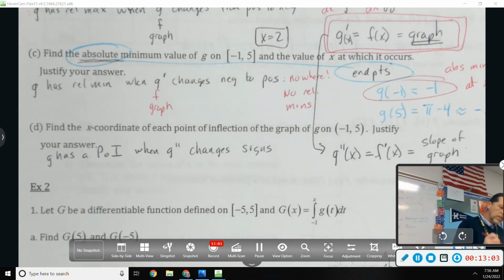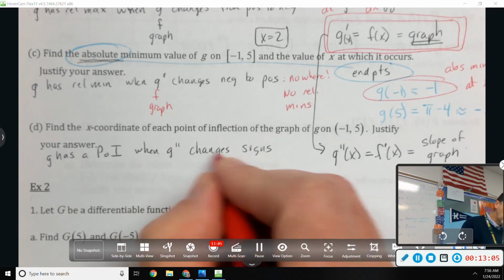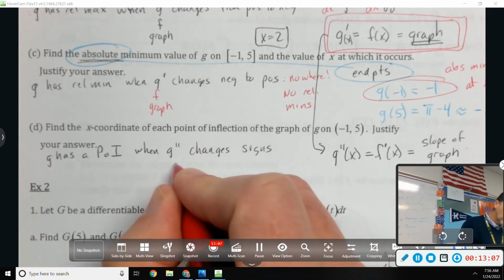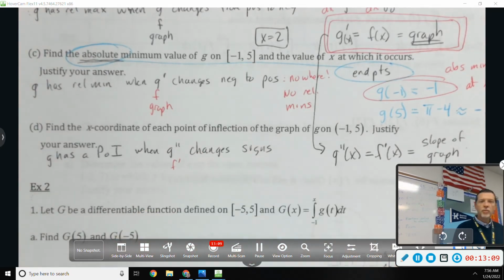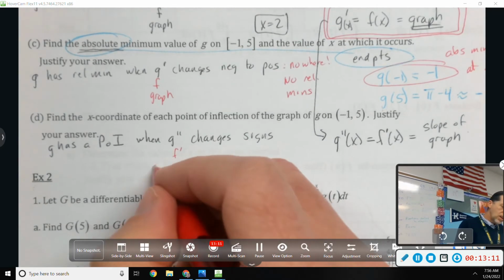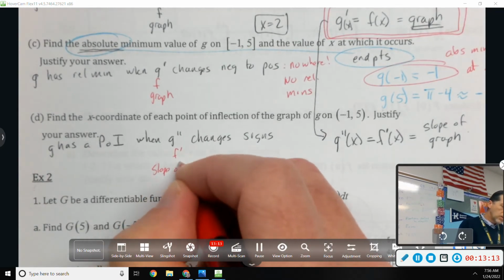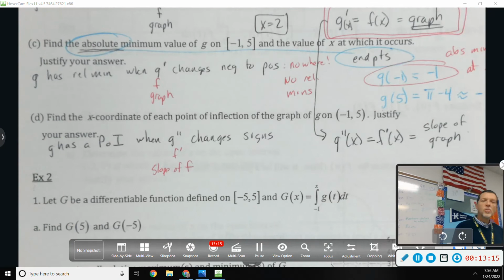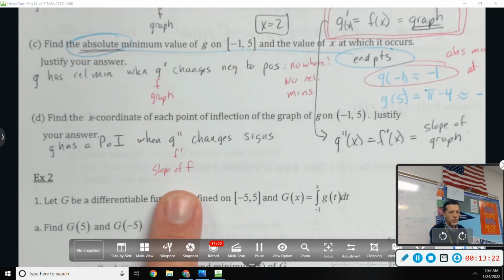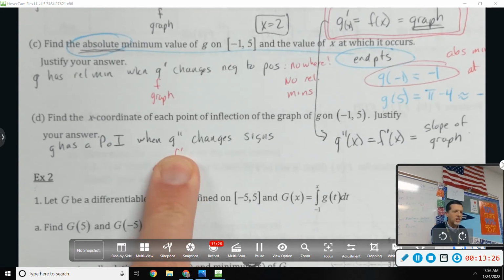So we want when G double prime changes signs. That means when f prime changes signs. Or, maybe best of all, when the slope of f changes signs. Because I'd like to get it in terms of f, because that's what I know. F is the graph. So talking about G doesn't help me a whole lot.